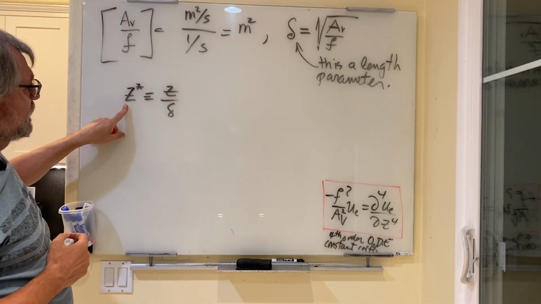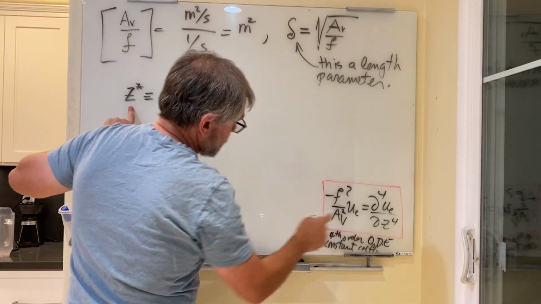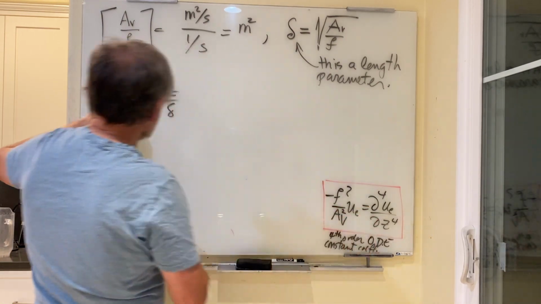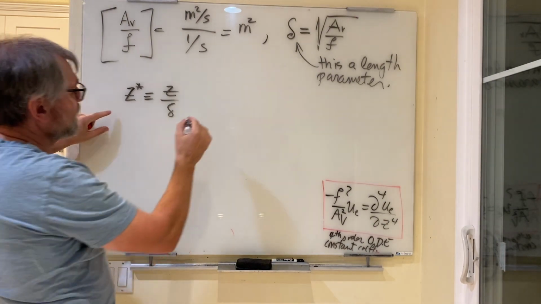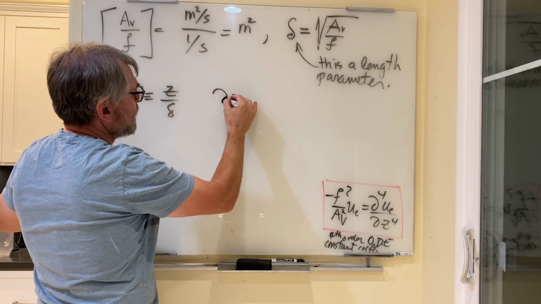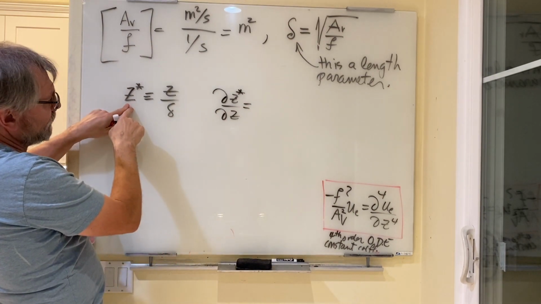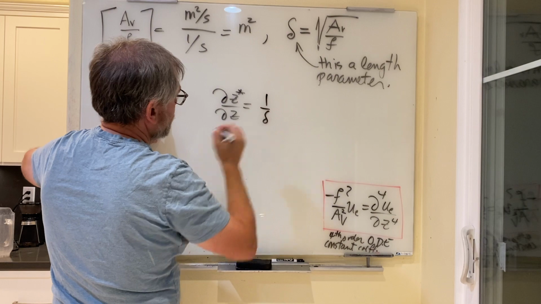And now, if I want to use the z star variable in the equation, I have to figure out how to convert these derivatives with respect to z into derivatives with respect to z star. We can do this in the following way. If I do dz star dz, I can differentiate with respect to z, and I get 1 over delta. I'm using the chain rule.